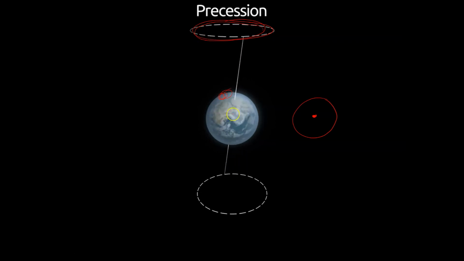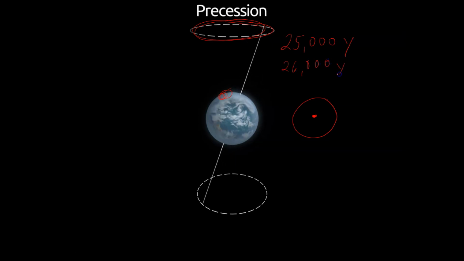And we'll show you how sped up this motion is right here on this animation, because the time that the Earth takes to make one cycle of precession is about 25,000 years. Sometimes you'll see 26,000 years. So definitely you can see how quick this animation really is, picturing the precession for you.